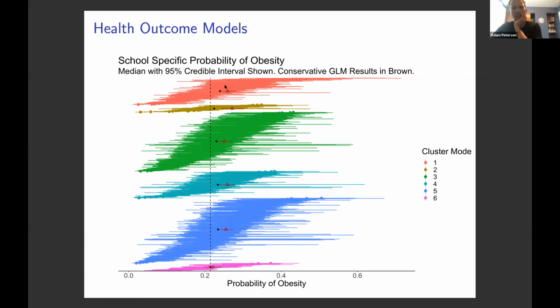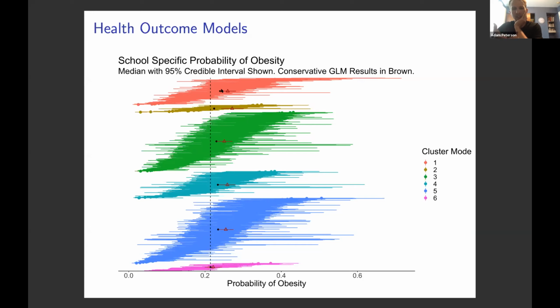I should mention that the black dot is the cluster median intercept. So this black dot represents about the center of all the random intercepts within cluster 1. This black dot represents the median for cluster 2, and so on.